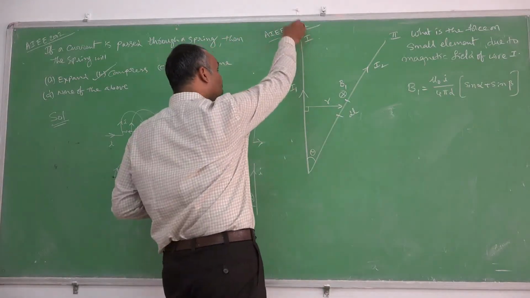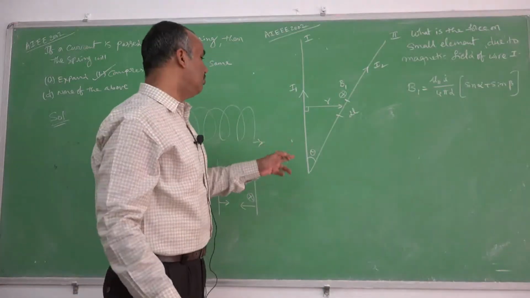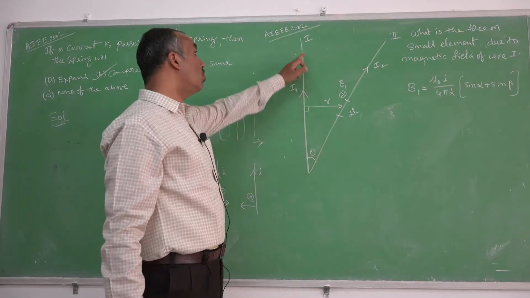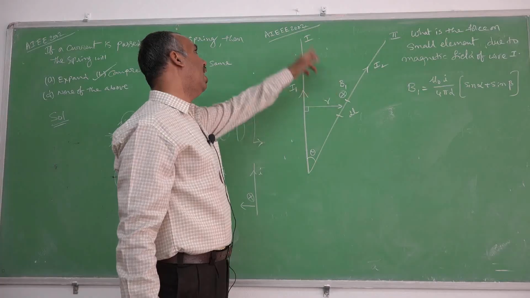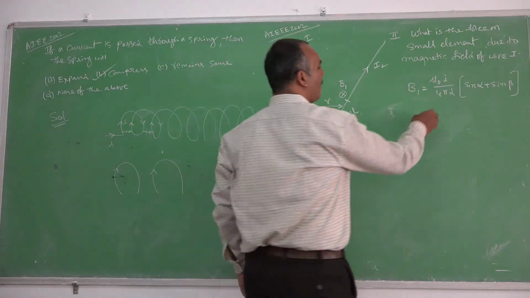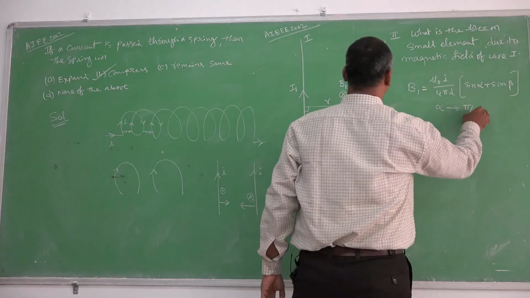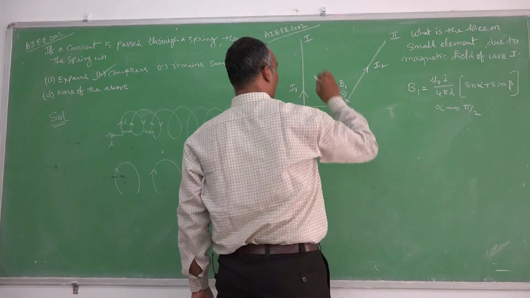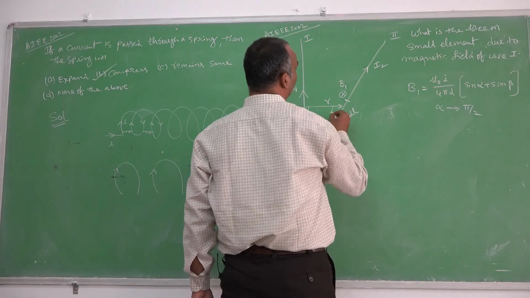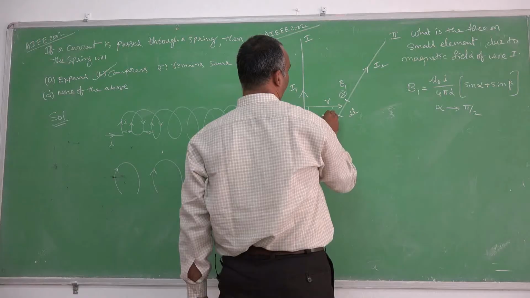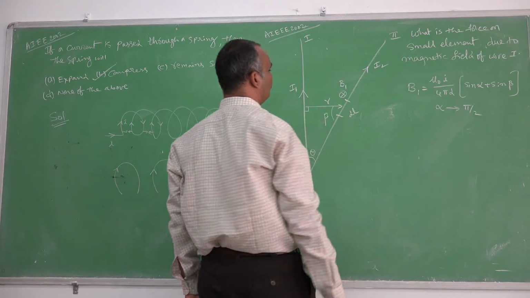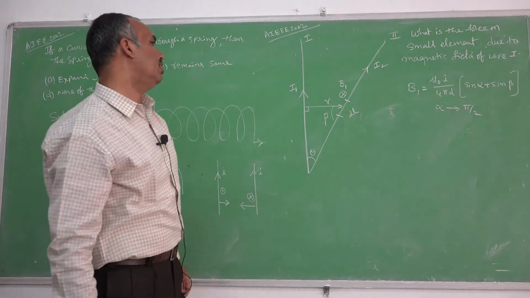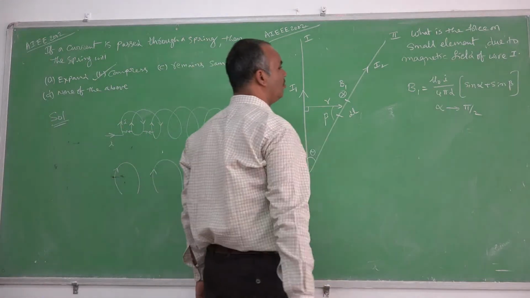This conductor is extended up to infinity, but you know this end, you don't know about the other end. Whenever you are talking about alpha and beta, alpha tends to pi by 2, because beta is here. So what is the value of beta? Beta is nothing but 90 minus theta.